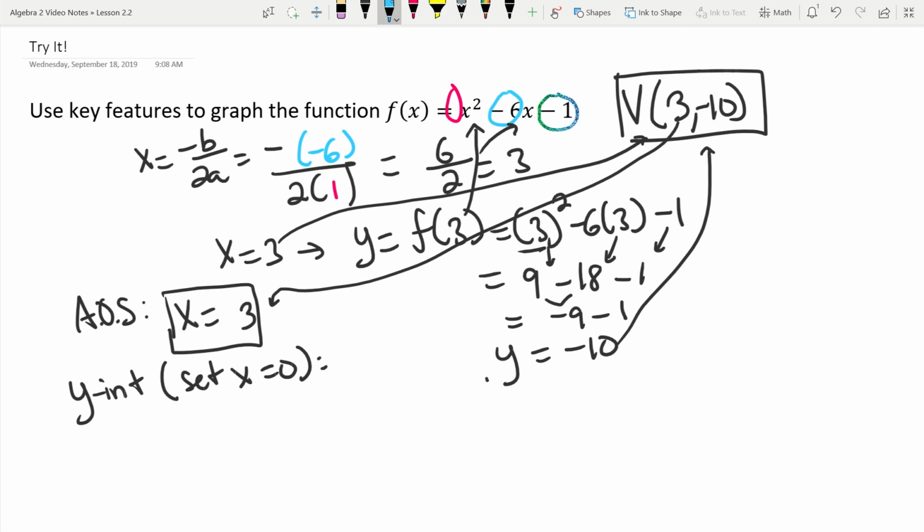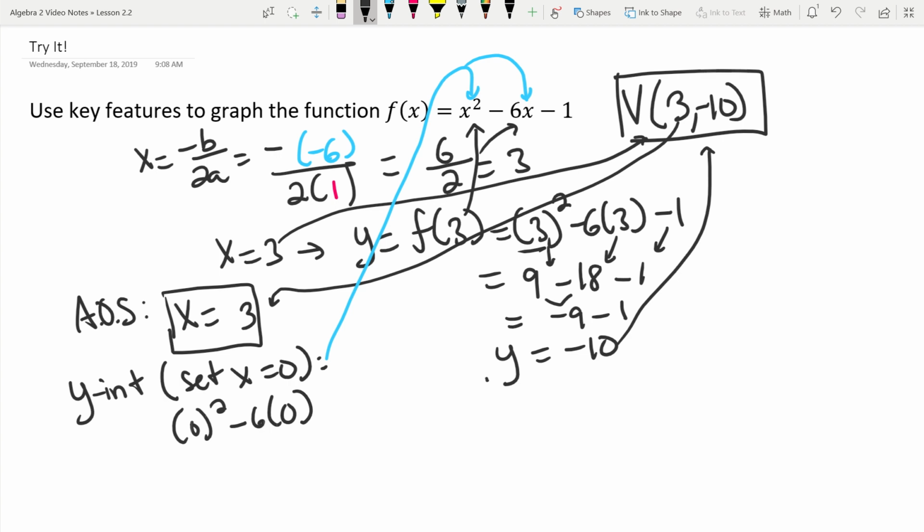So that means you're going to replace x with 0 here, here. So that means you're going to get 0 squared minus 6 times 0 minus 1. So these are going to both be 0. 0 minus 1 is negative 1. So y equals negative 1. And that's my y-intercept.